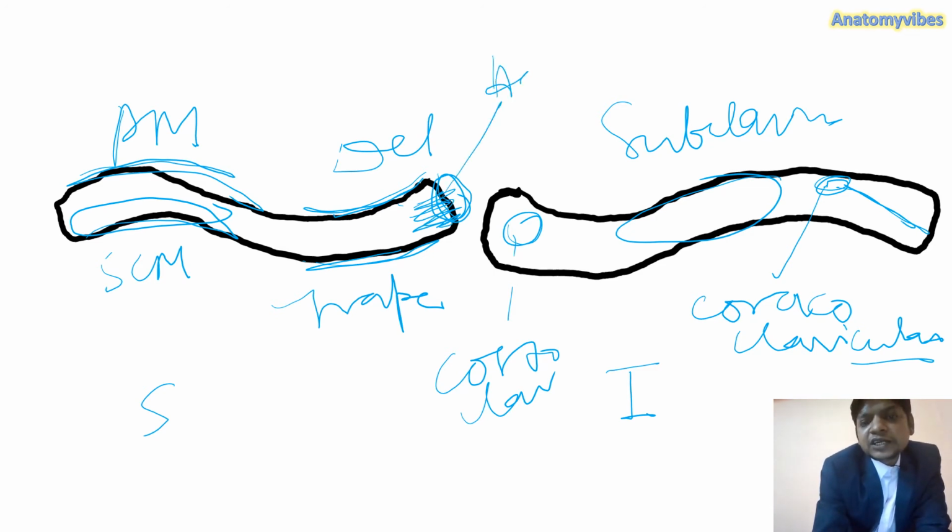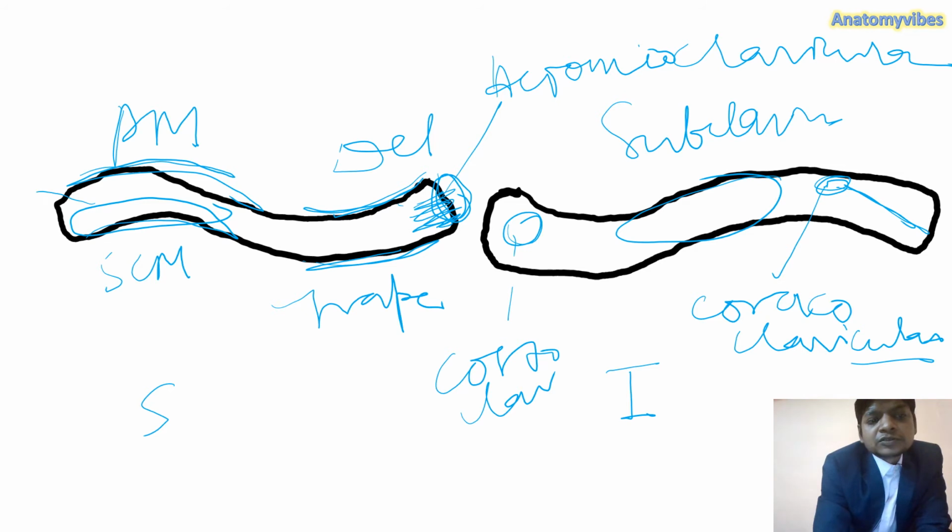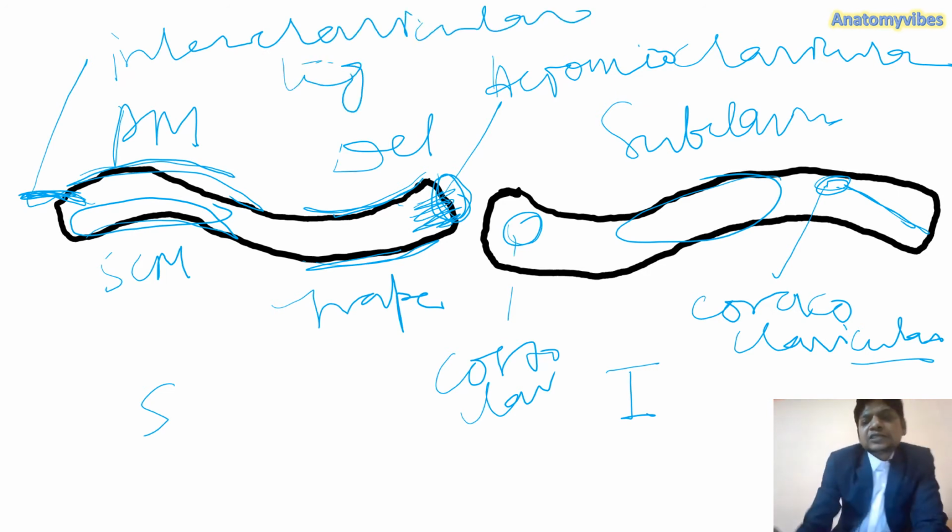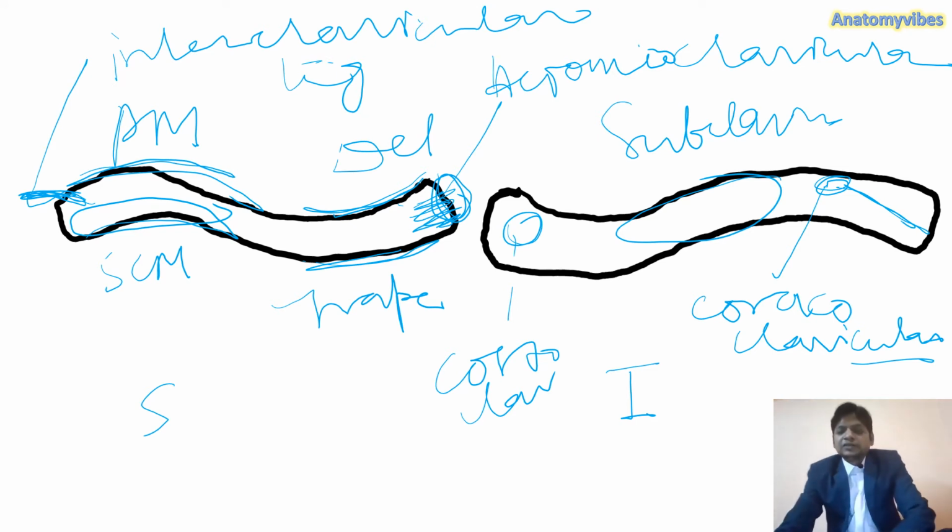That is known as the acromioclavicular ligament. And one ligament on this part medially, the interclavicular ligament. So these are the attachments you should remember on the clavicle.